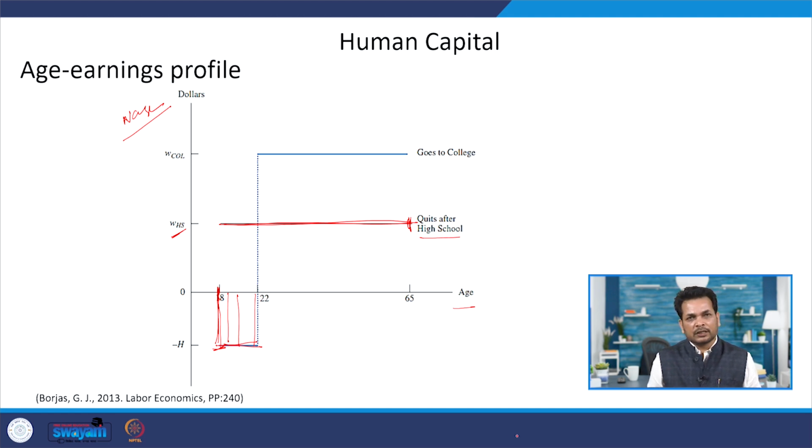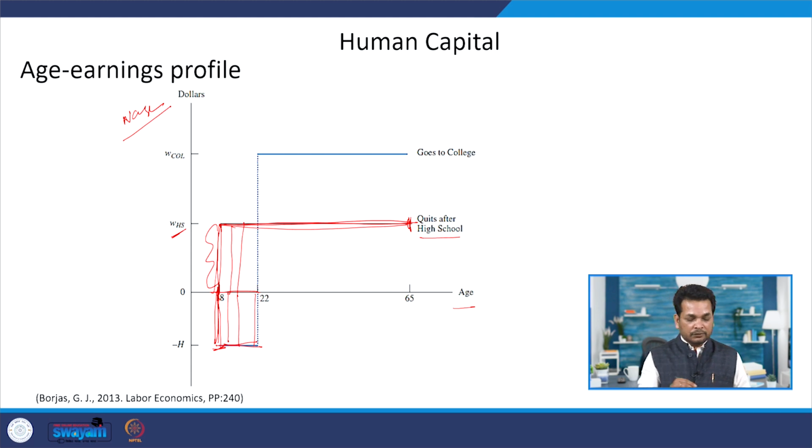Another form of cost he is going to have is that he is going to forego the earnings he would have had by entering the labor market with a high school level of education. He is foregoing these earnings in the labor market for the next 4 years. So, he is going to have the direct cost which is minus H. He is also going to forego the earnings which is WHS.